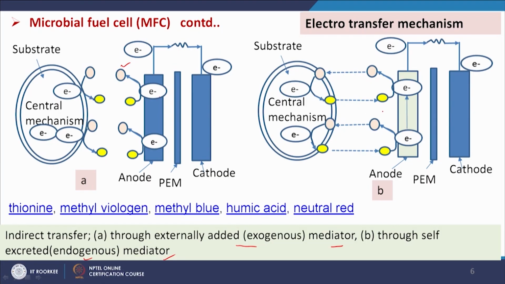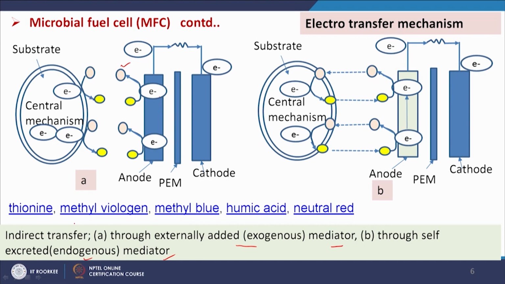That way the electron is indirectly transferred from the bulk of the solution to the anode surface. Microbes are not directly transferring the electron, but there is another method where the cell itself carries the electron from the bulk of the solution to the anode surface and leaves the electron there. Okay.